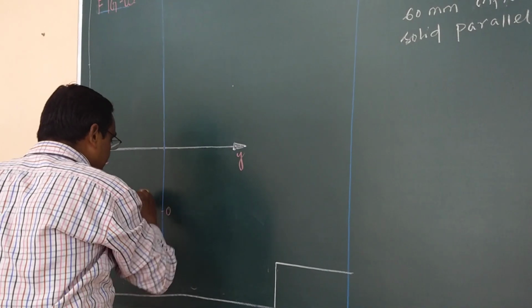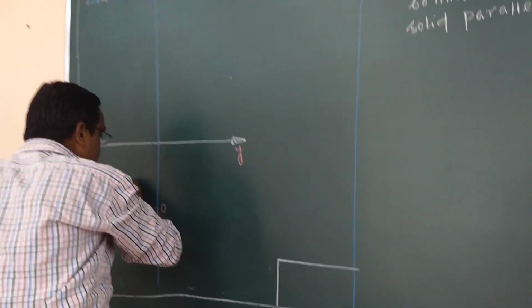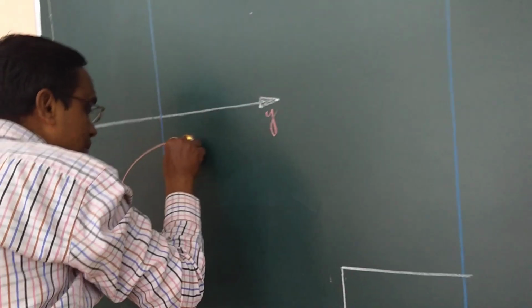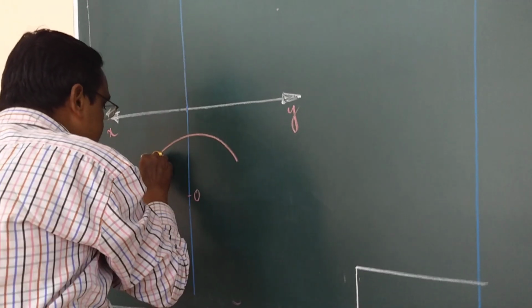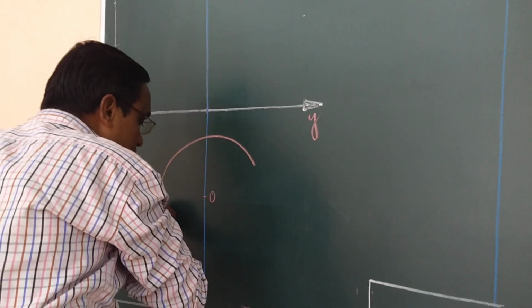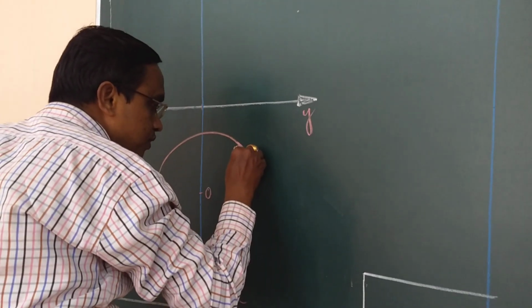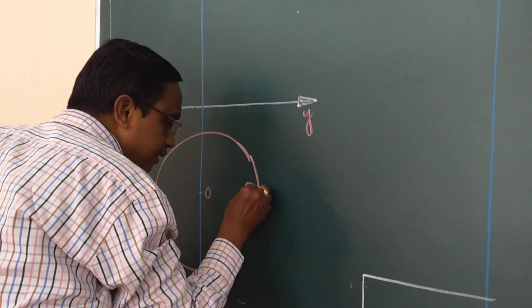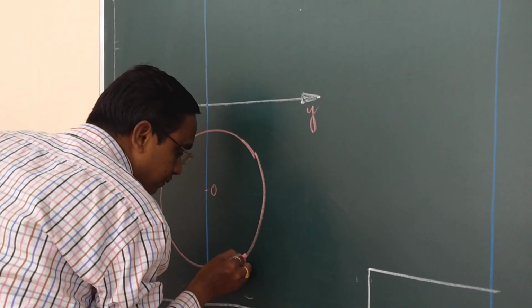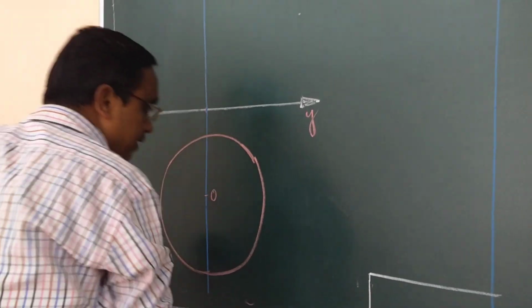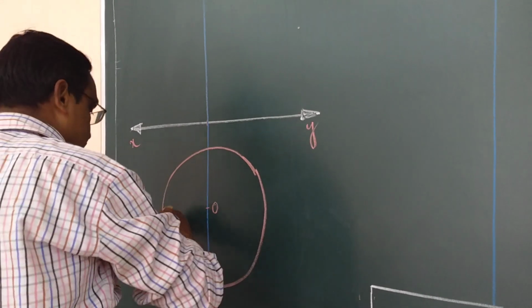And O is the center, radius is 40, you draw the first circle because the diameter of the base of the cone is 80 mm. You draw the circle whose radius is 40.